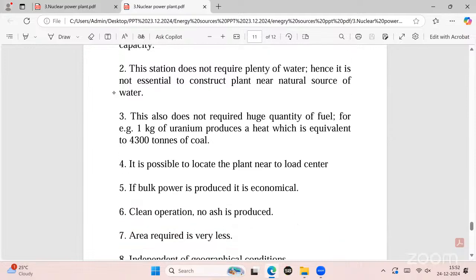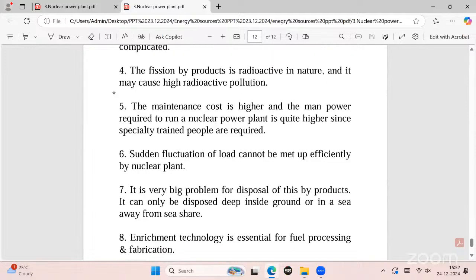Then advantages, disadvantages. Same thing for solar plant, same thing for wind energy. Same style: site selection, construction, working principle, advantages, disadvantages. All are the same. Clear? All are 10 marks questions.